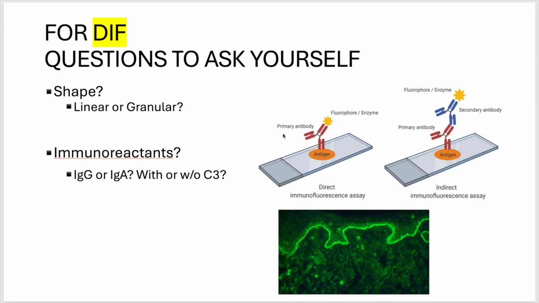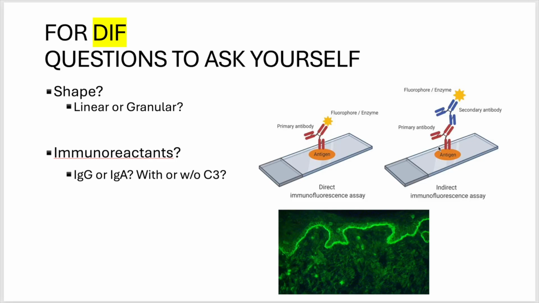Then you use the primary antibody, which you can imagine as an anti-IgG, that is bound to the autoantibody on the surface of the skin. And then you use a second antibody with the fluorophore to bind the primary antibody. Then you can examine the color under the fluorescent microscope.